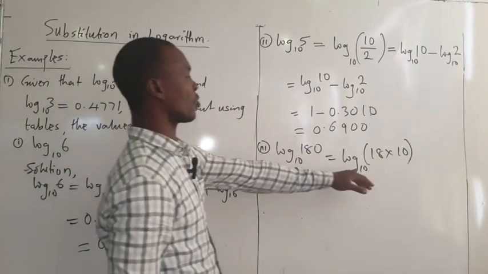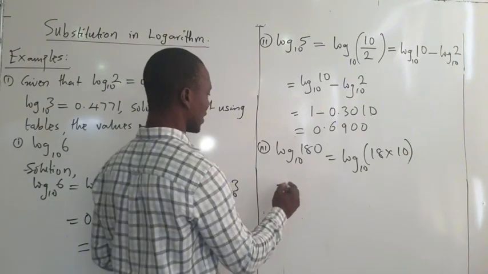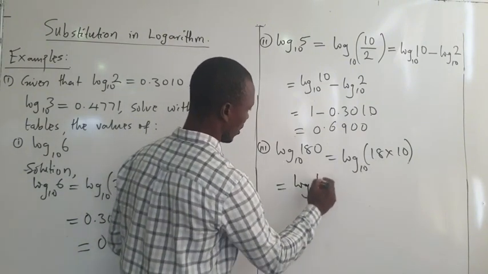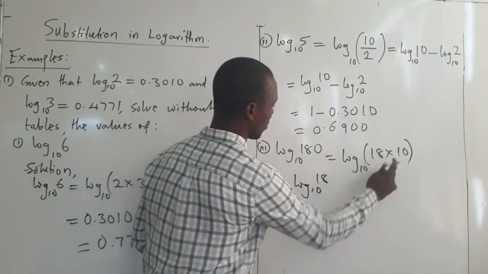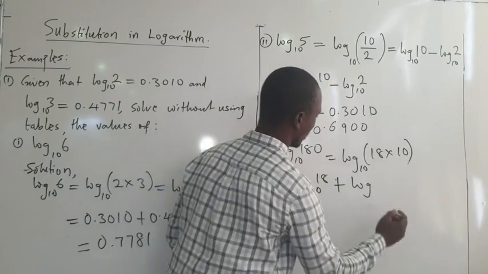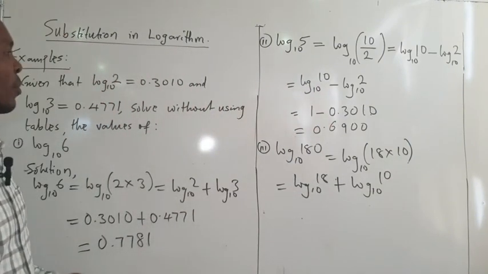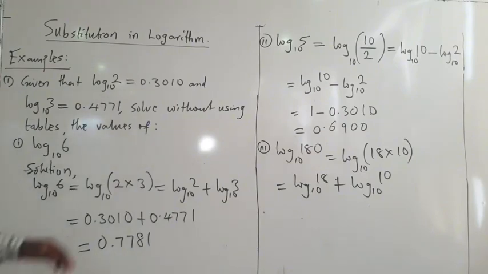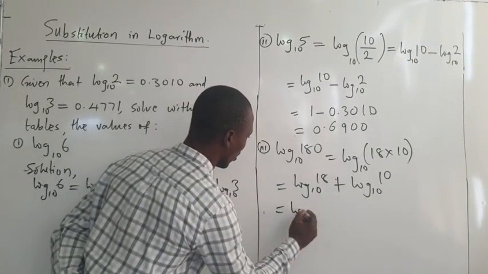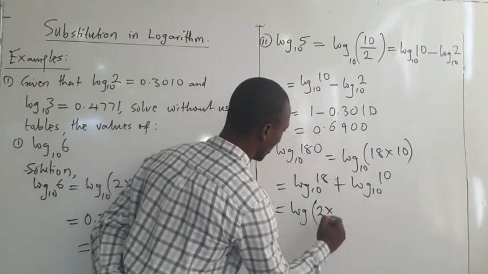So the next thing to do is to apply the multiplication law of logarithm, that says log 18 base 10, multiplication we change to addition, then plus log 10 base 10. So what is log 18 base 10? We can express 18 as a product of 2 and 3. 2 in 18 is 9.